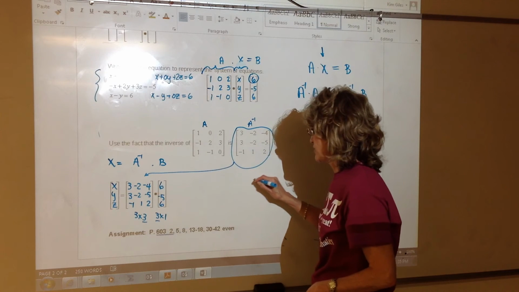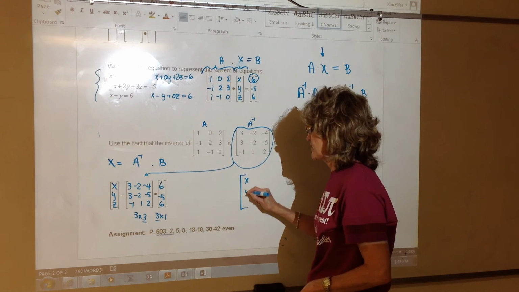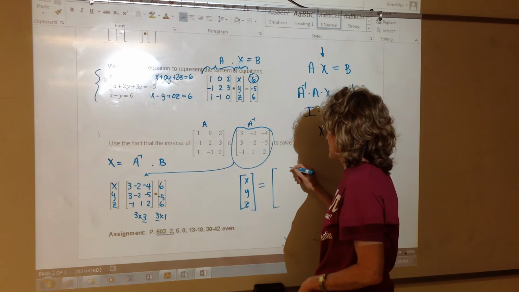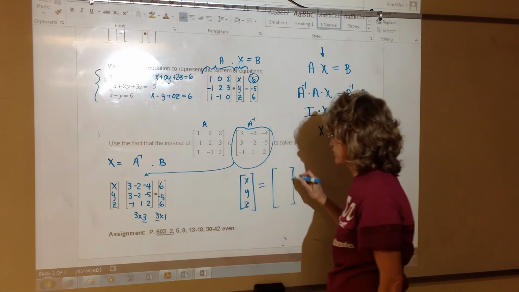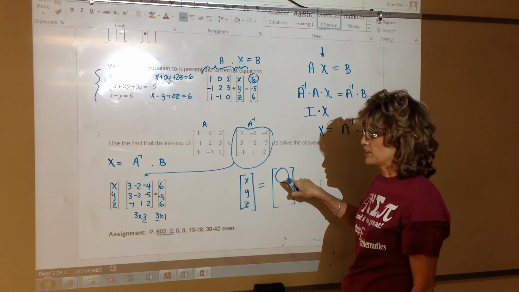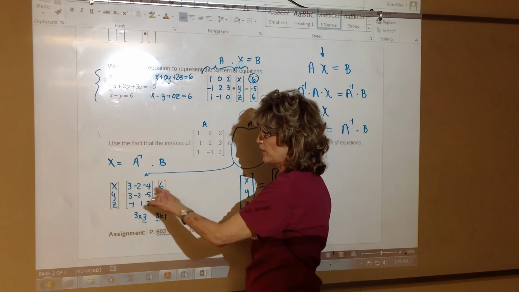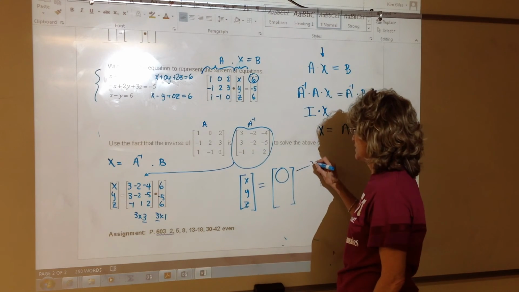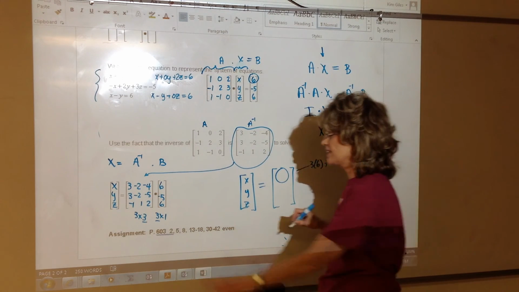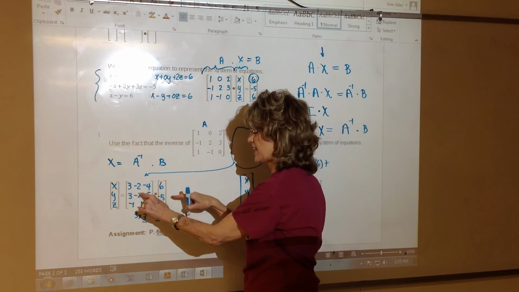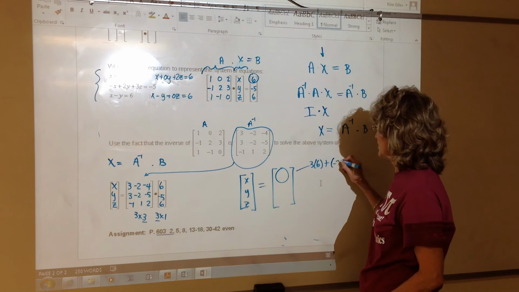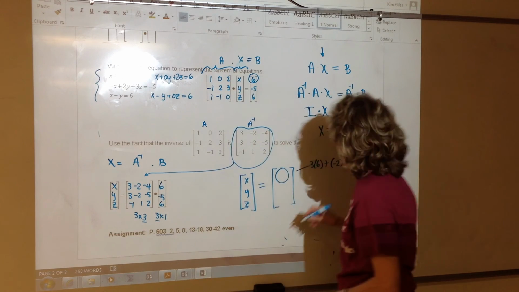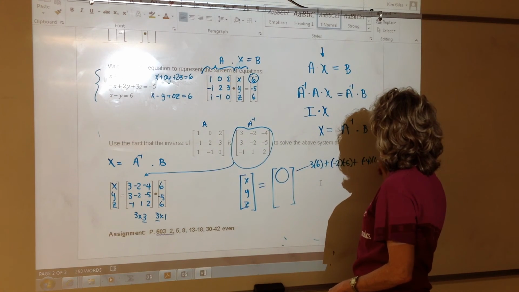So, here's the solution. x, y, z equals what we get when we do this multiplication. This entry right here comes from row 1, column 1. That means I'll do 3 times 6 plus, move across, move down, -2 times -5 plus, move across, move down, -4 times 6.